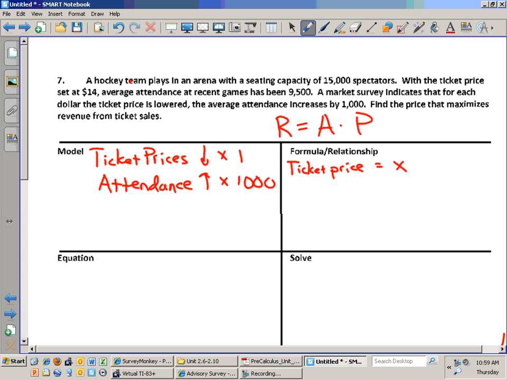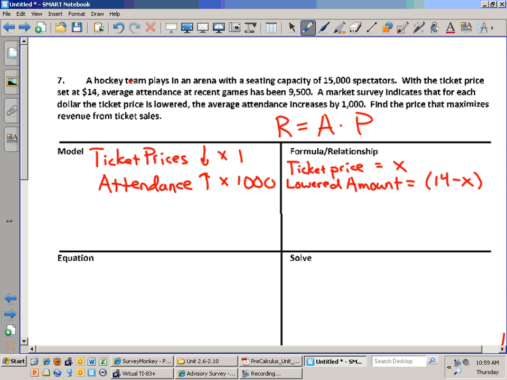How much did I lower it by? You took 14 minus 13, right? So the amount we reduced it by would be 14 minus X, 14 minus the ticket price. So if our ticket price was 12, 14 minus 12 is 2, we lowered it by $2.